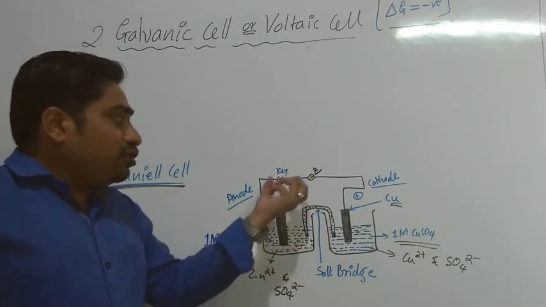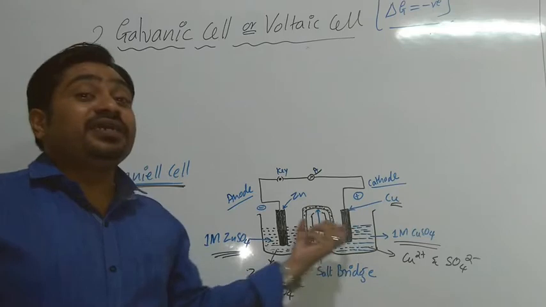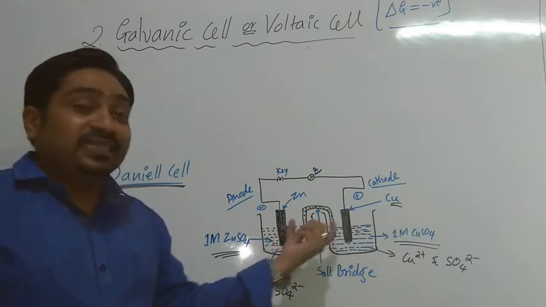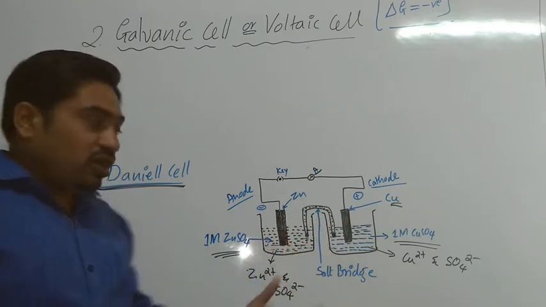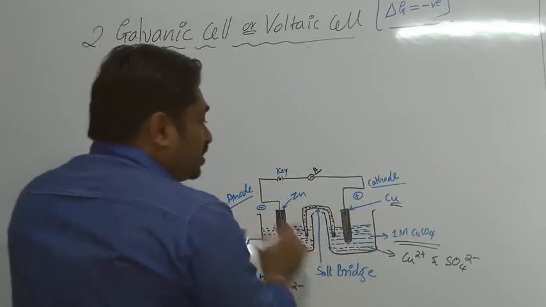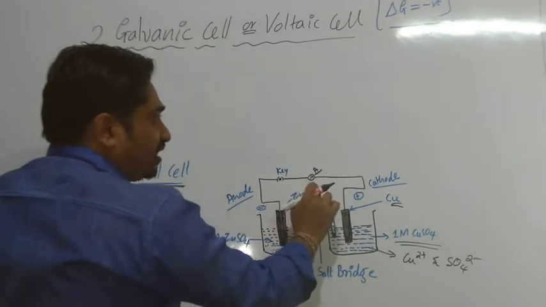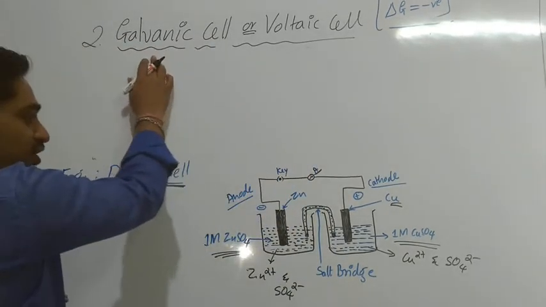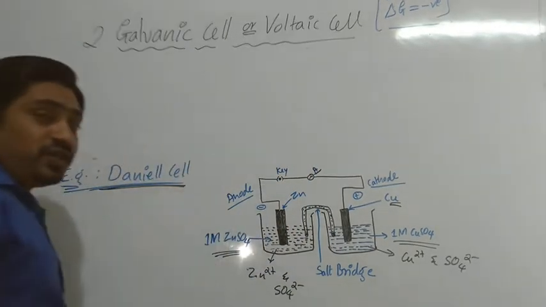There is a production of electric current by the chemical reactions taking place in these two electrolytic solutions, or in these two electrode setups. In these two electrode setups, electrical energy forms. According to our definition, what is a galvanic cell?